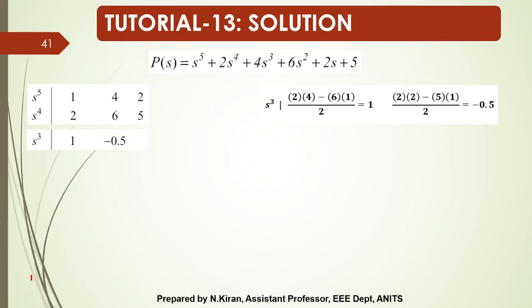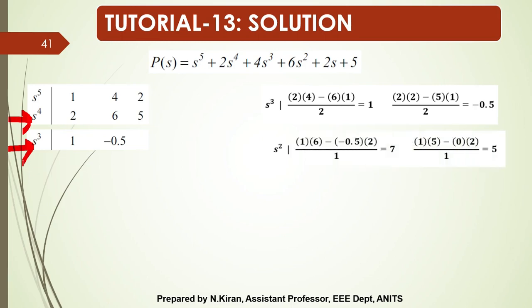Now in order to find the next row, that is s square, I will consider the elements s power 4 and s cube. Using the formula, 1 into 6 minus 0.5 into 2 divided by 1 will give me the first element in the corresponding row s square, which is 7.